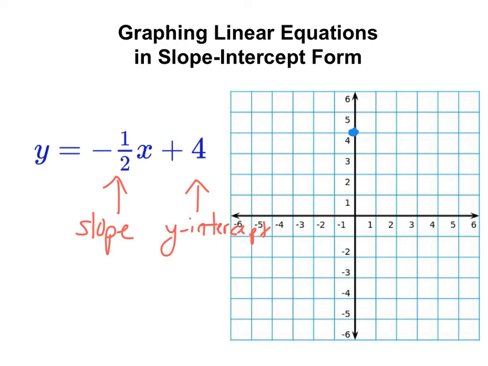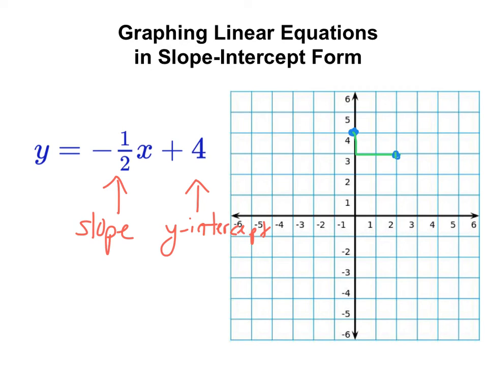Now I have a slope of negative 1/2. So I'm going to rise 1 and run 2, or I'm going to fall 1 and run 2. In this case, I'm going to fall. So I go to my y-intercept at 4, go down 1, and run 2, because I know this is going to go in the negative direction for a slope.